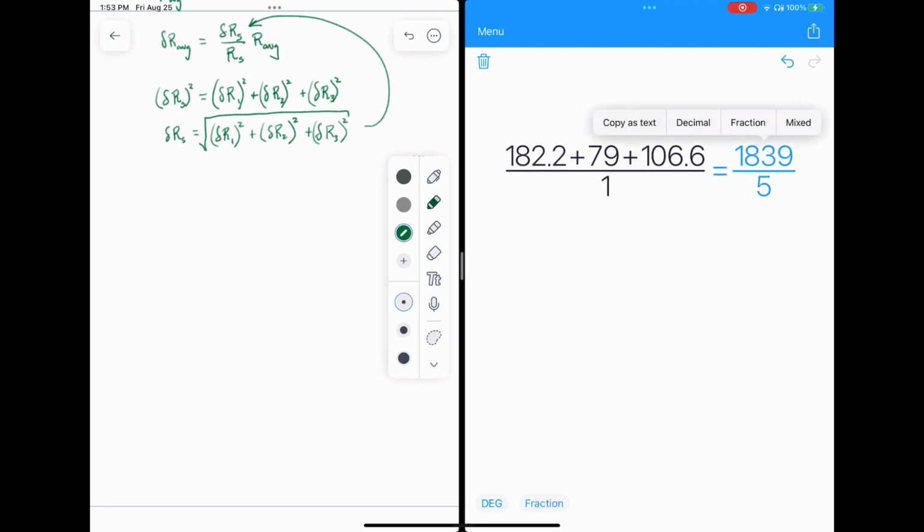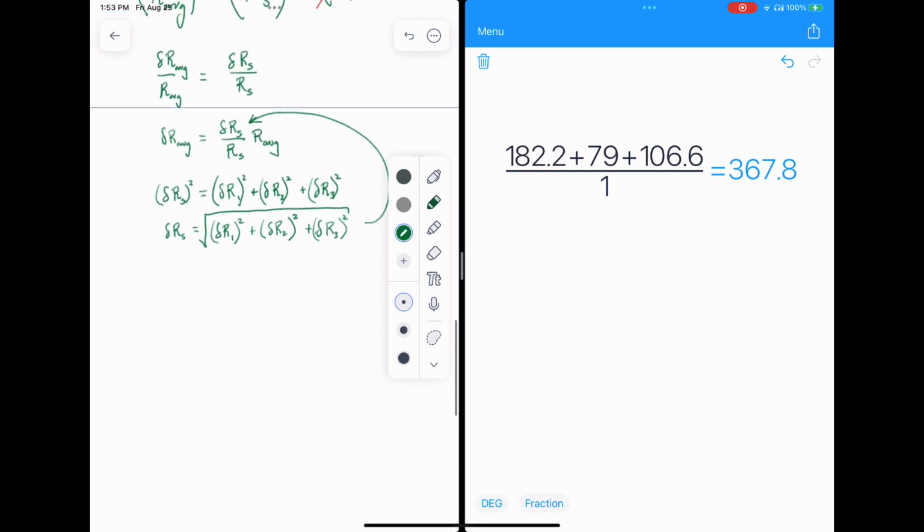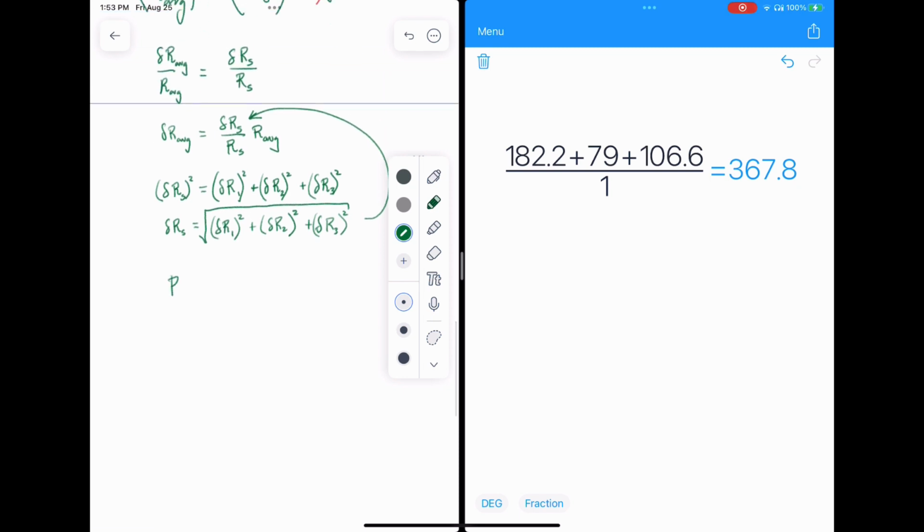But before that, we are going to find the sum. So R sub S is just 367.8 ohms. Now, the uncertainty in R sub S is going to be calculated.